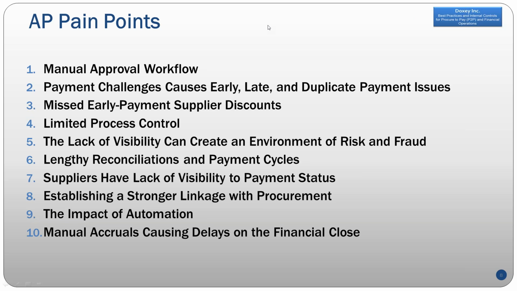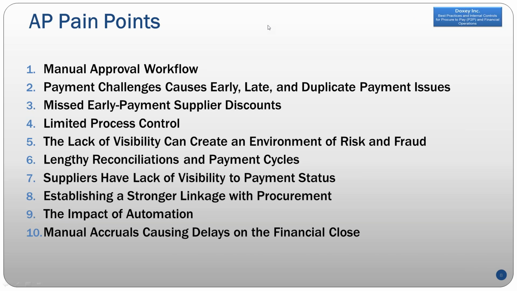Passing that paper around, trying to make sure the right person's approved it and the amounts are correct, and also some payment challenges. Those could cause early payments, late payments, and duplicate payment issues, which is the subject of our discussion today. It's interesting, some suppliers are paid early, and we certainly want to look at our processes and practices for why that can happen.